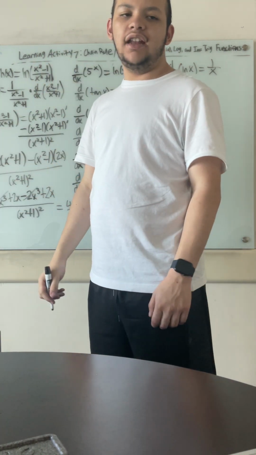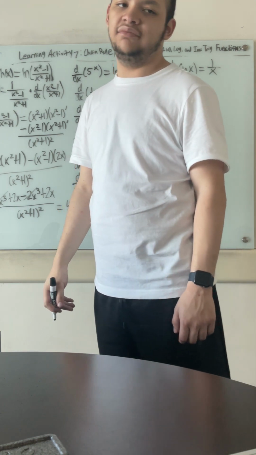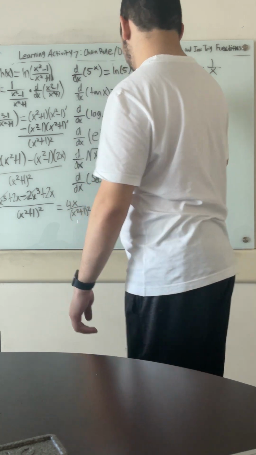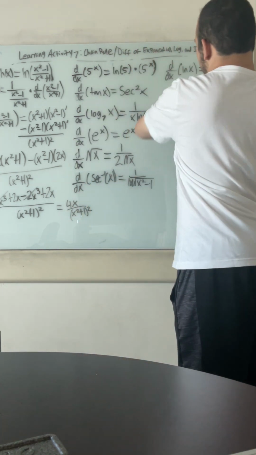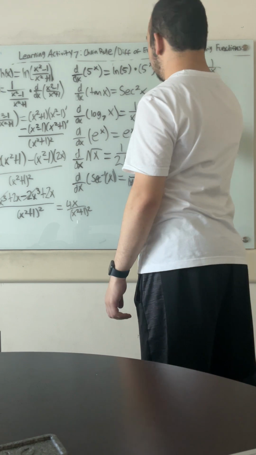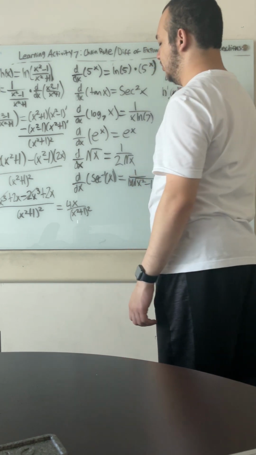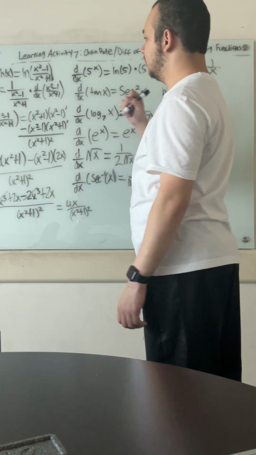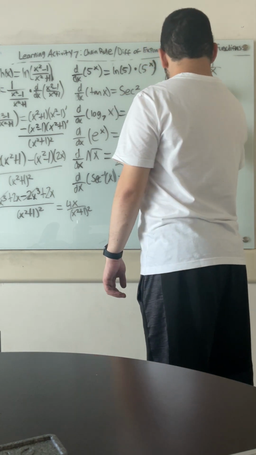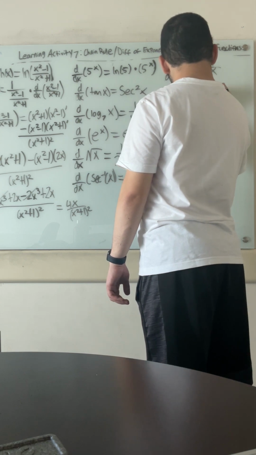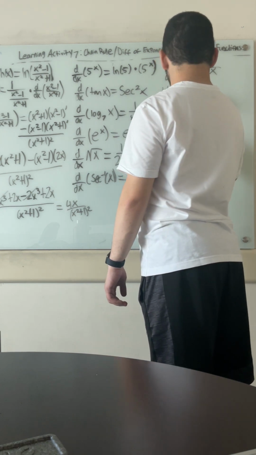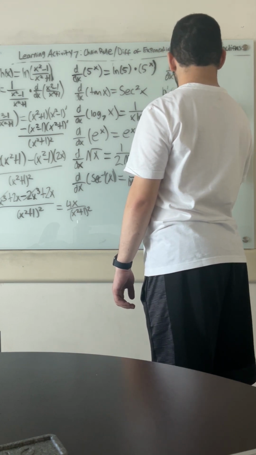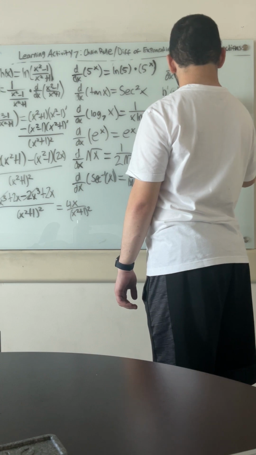All right, and now with that being said, we can continue to solve. These are just derivatives, so I'm just going to continue right here. So we have h prime of x is equal to 4x over (x squared plus 1) squared, over (x squared minus 1) over (x squared plus 1).